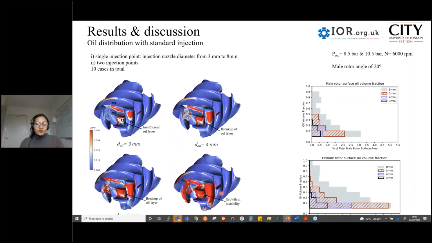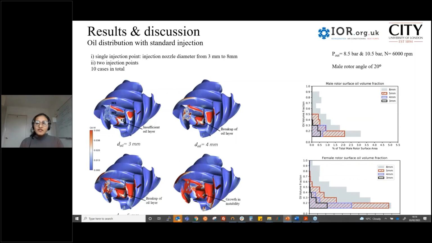However, even with different oil injection port diameters, the distribution of oil, the volume fraction of oil on the male rotor surface, remains sparse, even when we change the oil injection diameter from 3 mm to 8 mm. Even at 8 mm, the distribution of oil on the male rotor surface is sparse.